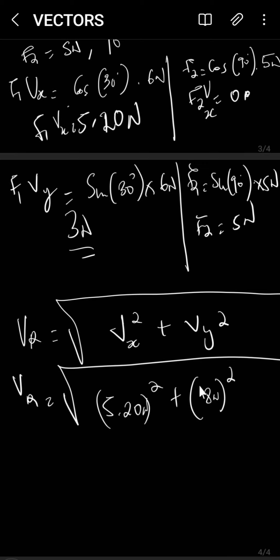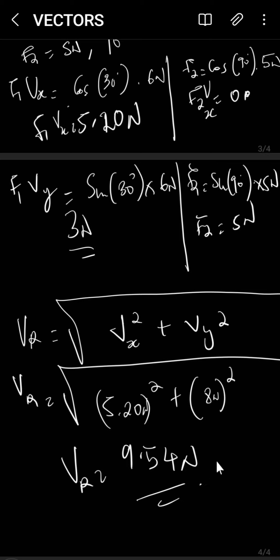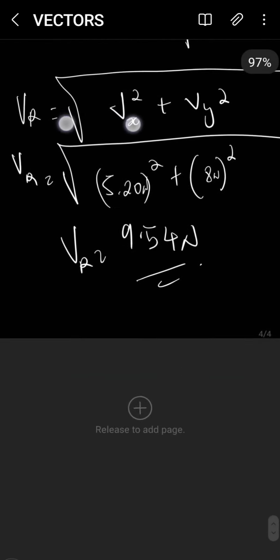On the calculator, square root of that should give you 9.54 newtons. Okay, that is our magnitude, but we've been taught to find magnitude and direction, right?